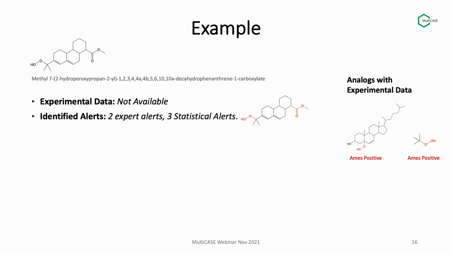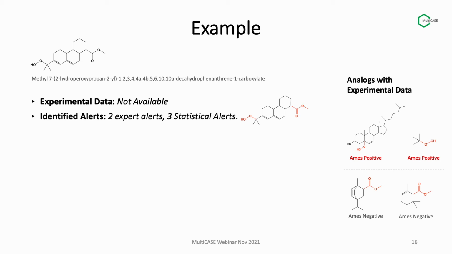Here we got two analogs from Consolidator. Both are Ames positive. That means this alert looks mutagenic, having a good deal of mutagenic potential. Now let's look at the other alert, the acetate group, using the same process of finding analogs. And as you can see, we got two analogs, both are Ames negative.